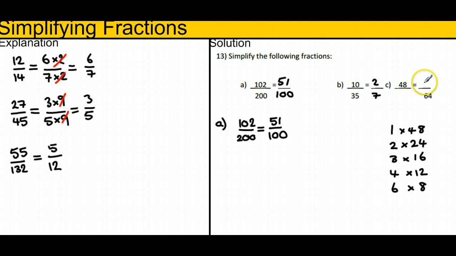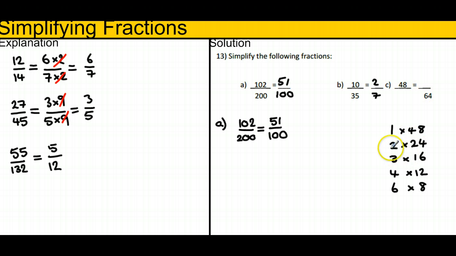So you could have 1 over 64, which means you then need to do 64 times 48 in order to find the denominator. It could be 2, or 2 would simplify further. 3 wouldn't simplify any further. 4 would. 6 would, 8 would, 12 would, 16 would, 24 would, 48.